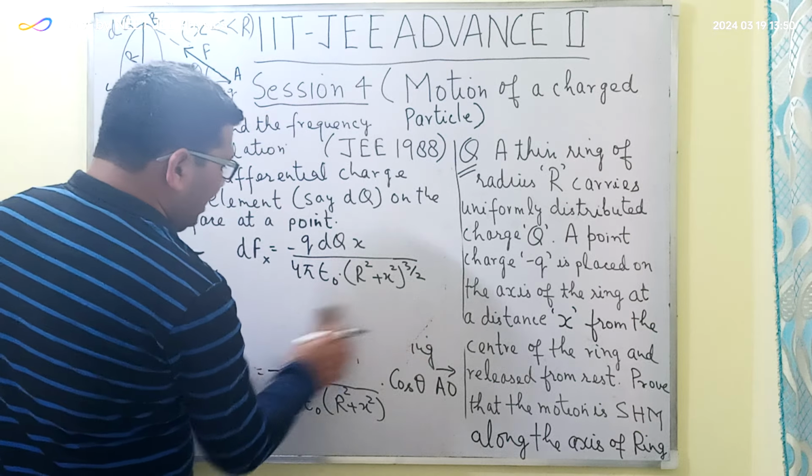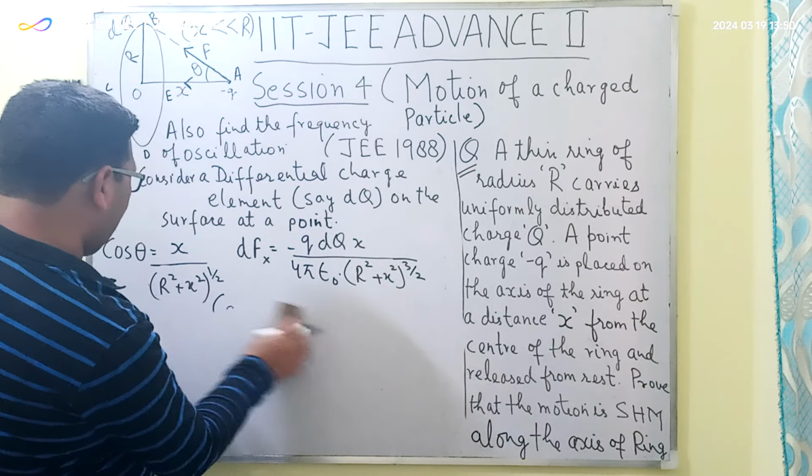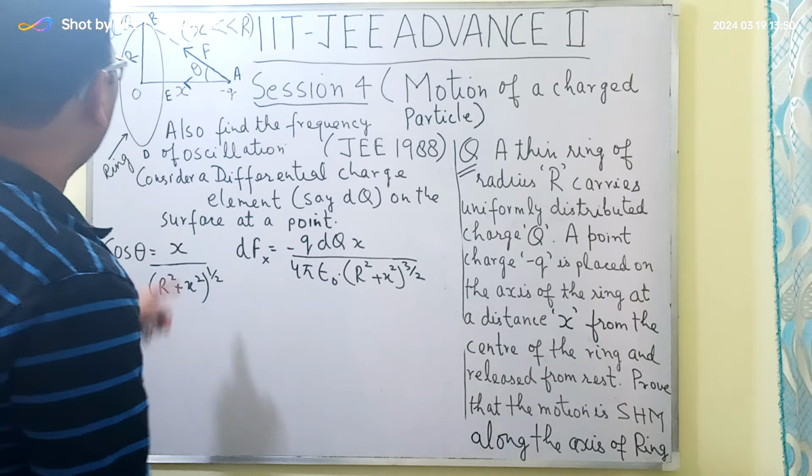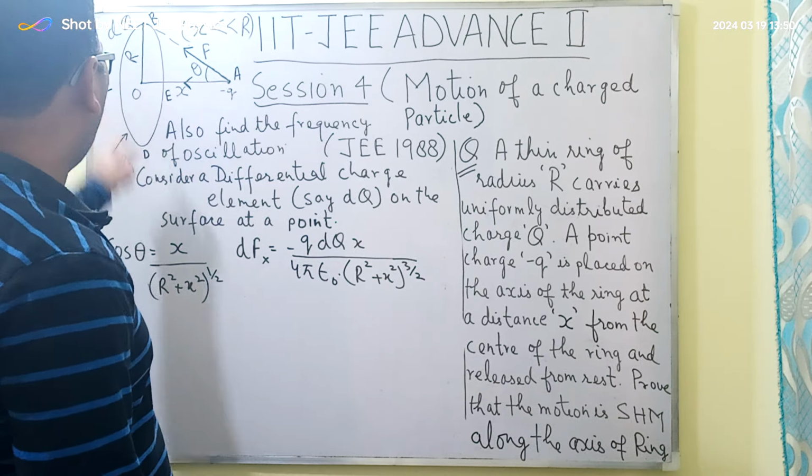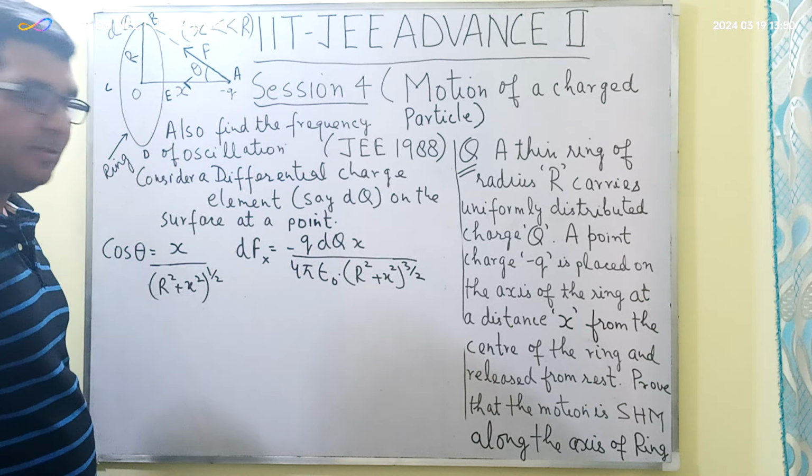So this is the value of the electrostatic force along the axis of the ring towards the center of the ring.